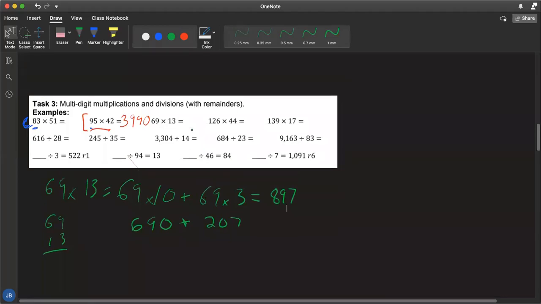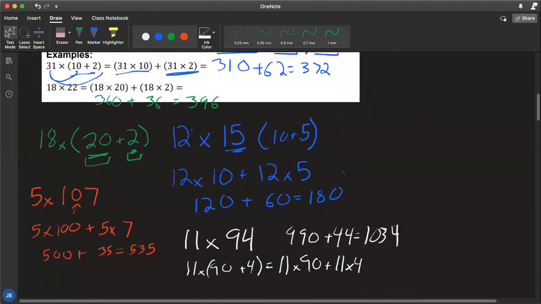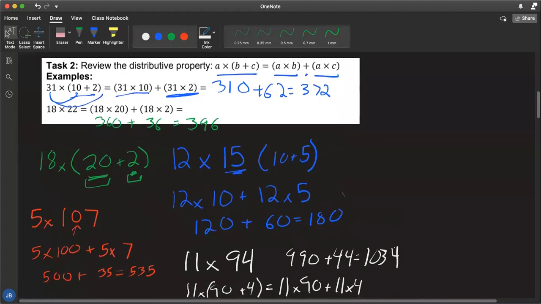Here's what we'll do. I'm going to go back up here. So we are going over the distributive property. Have you seen that before? Yeah. Okay. So that's all we're doing is we're taking numbers like that. So if we had A times B plus C, we can change this to A times B plus A times C. And so we have a couple different things here, right?